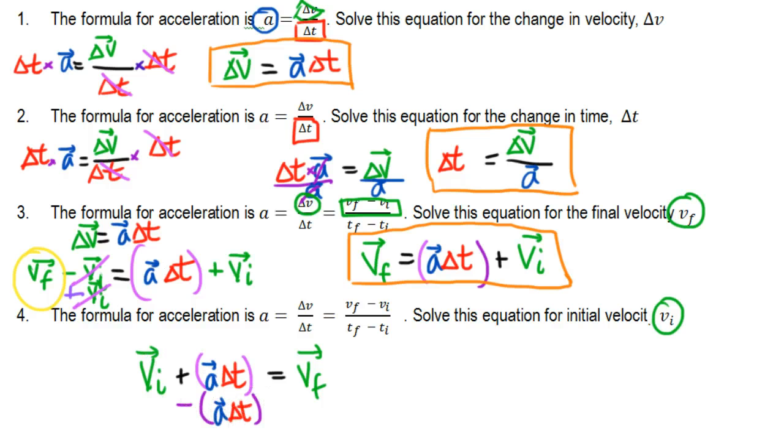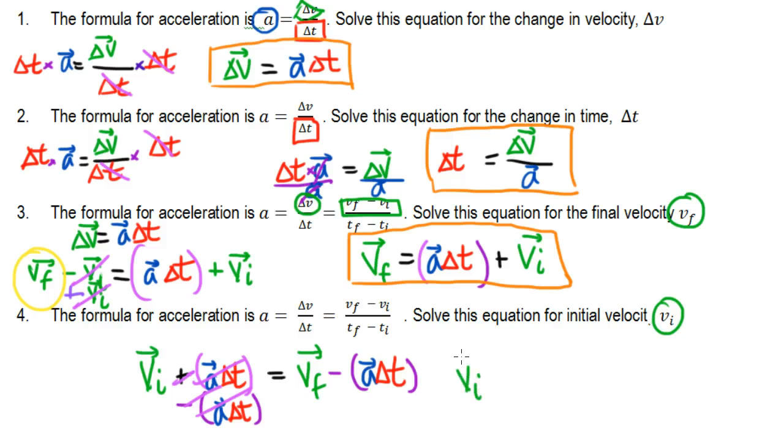If I do it to one side, I got to do it to the other side. Subtract A times delta T. Acceleration, change in time, and do it to one side, I got to do it to the other, and these will cancel right there. That'll cancel, and those will cancel as well. Okay, and so I'm left with my final equation.